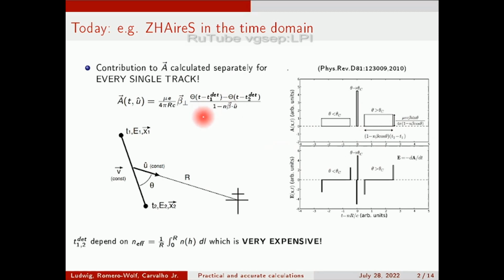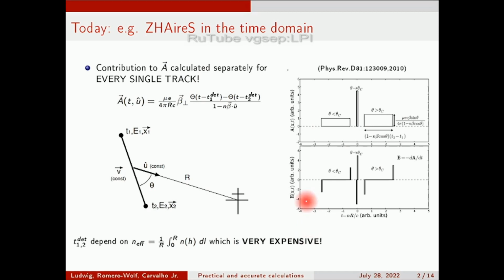These terms are really expensive because it has to do with the propagation time from the middle of the track to the observer, and it can be quickly approximated for vertical showers, but if you're going for more inclined ones, then it's a pain because it's really, really expensive, right?